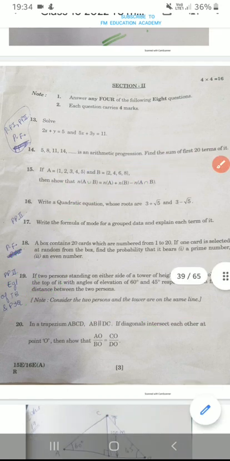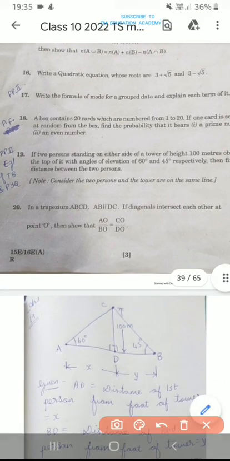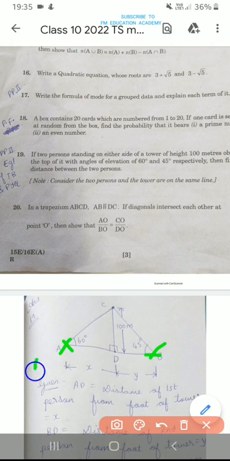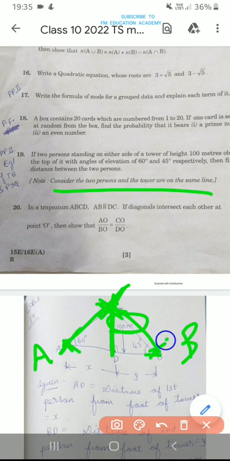What is it telling in this concept? See, there are two persons here. The two persons are A and B, and they are observing the top of a tower. From this point, a person is observing the top of the tower, and again from this point, a person is observing the top of the tower. The height of the tower is given as 100 meters. The hint says the two persons and the tower lie on the same level, so I'll join these both.